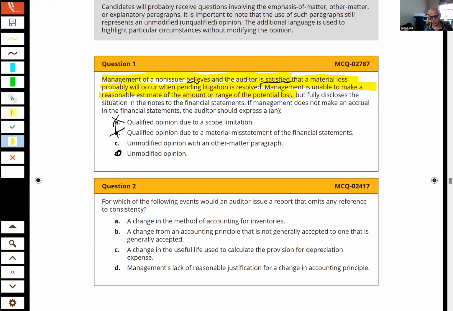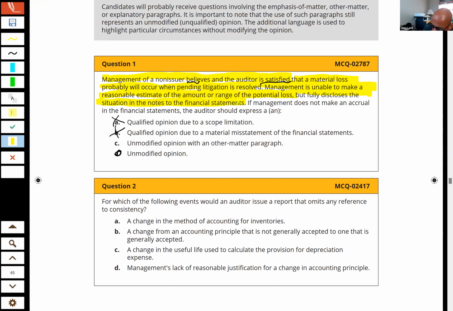They have to demonstrate to the auditor there's no way that we can reasonably come up with a range, and we don't want to mislead users by coming up with some sort of bogus range. And they fully disclose the situation.